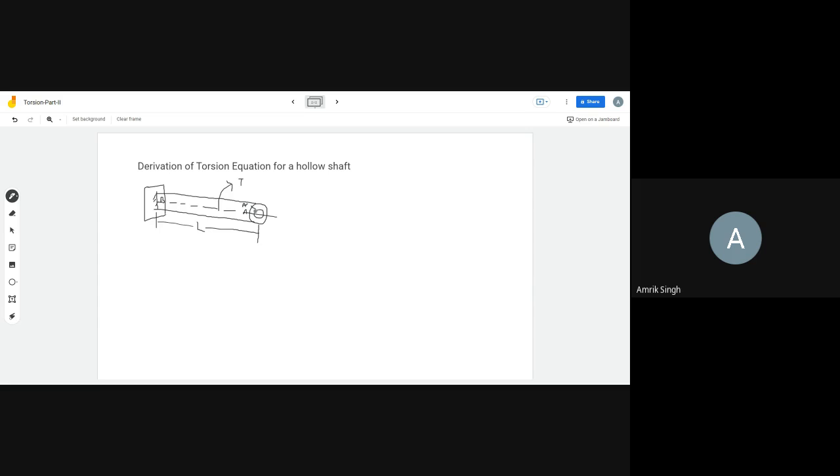If it is the center, then this angle is theta. That is the angle of twist.